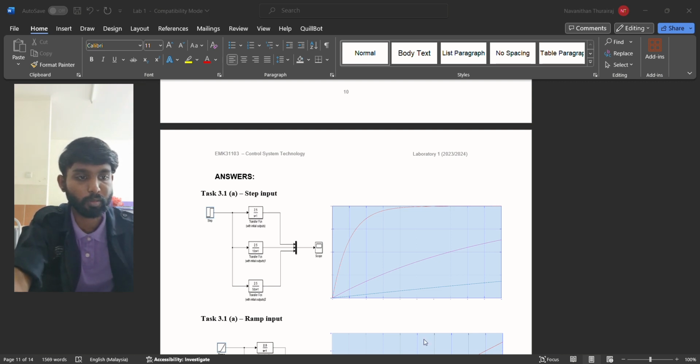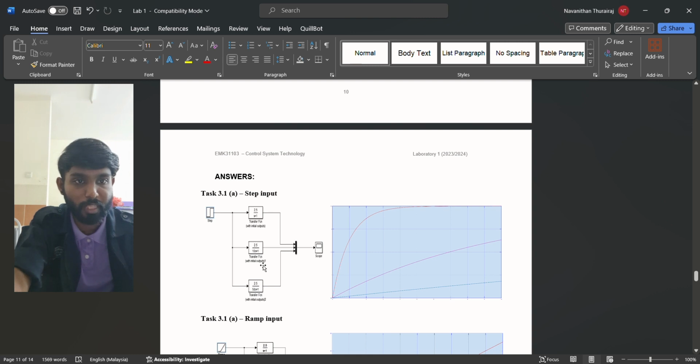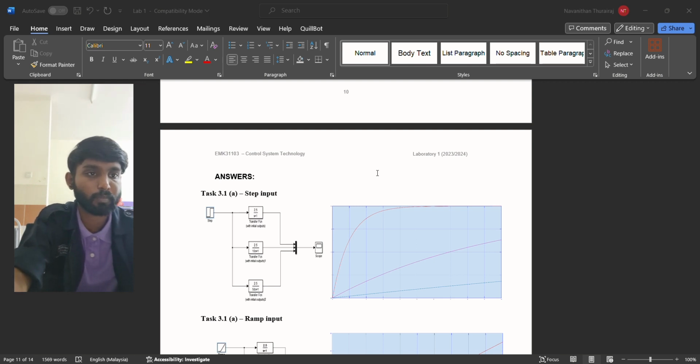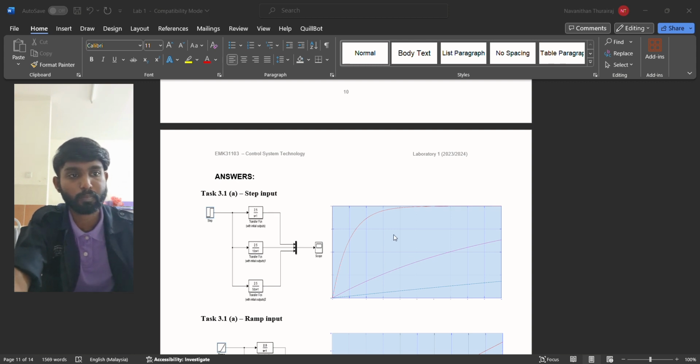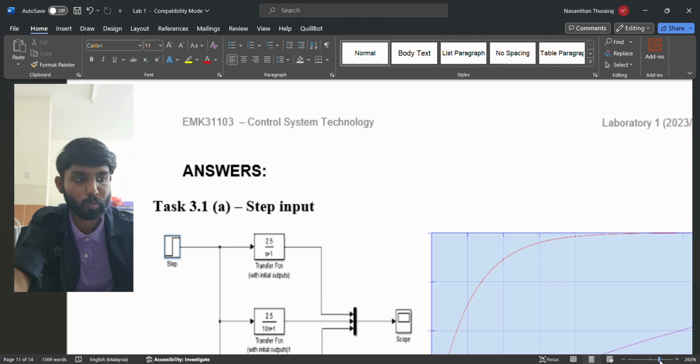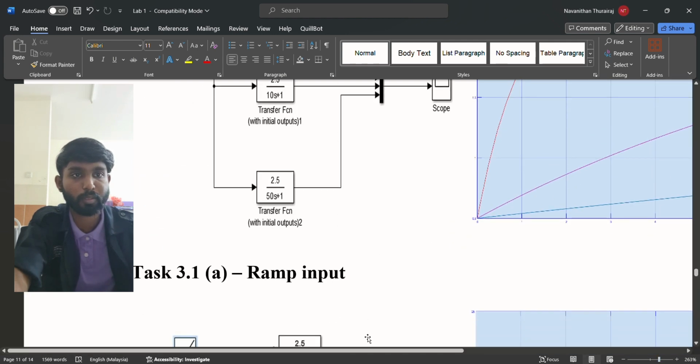Let's double check: s plus 1, 10s plus 1, 50s plus 1. For a better picture, okay.